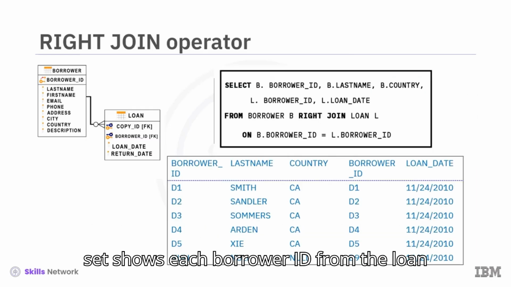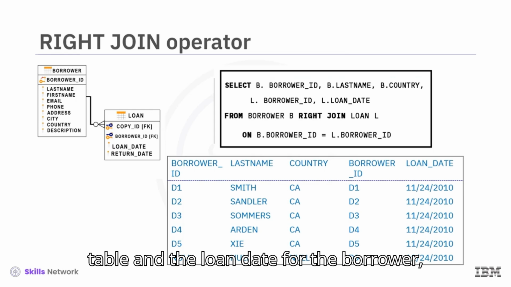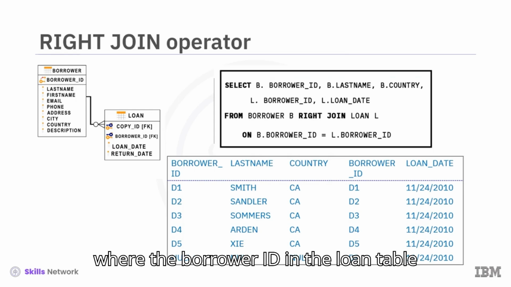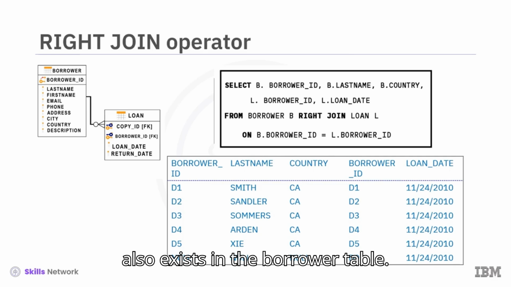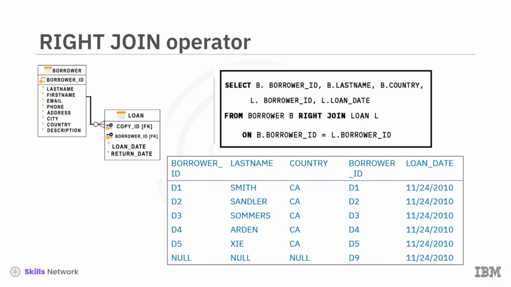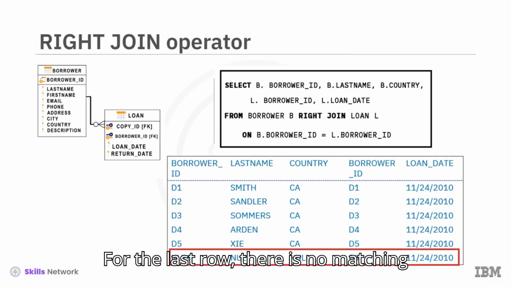The result set shows each borrower ID from the loan table and the loan date for the borrower, where the borrower ID in the loan table also exists in the borrower table. For the last row, there is no matching row in the borrower table, so the borrower ID, last name, and country show null values. This could indicate a problem for the library. It indicates there is a book on loan to an unknown person.